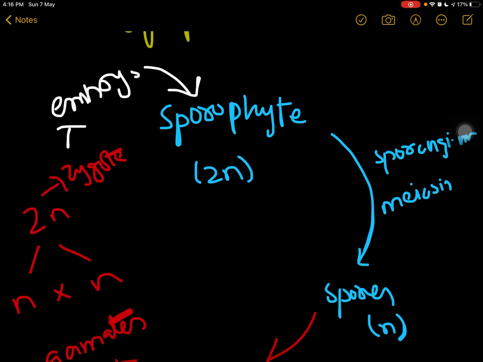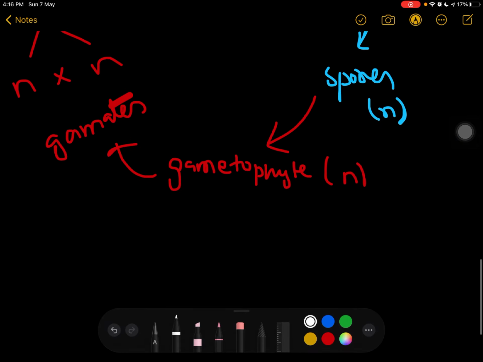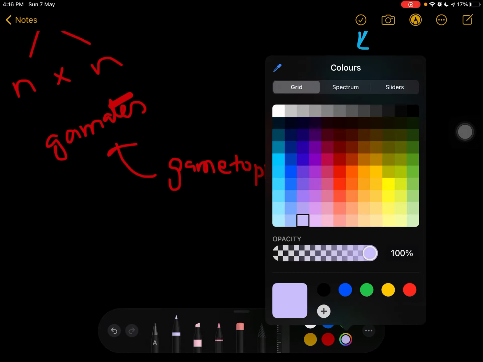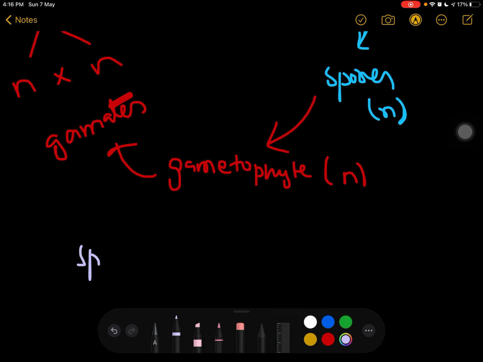Right? So basically, what is heteromorphic alternation of generation? It is that there is alternation of sexual and asexual reproduction, as well as the sporophyte generation and the gametophyte generation.